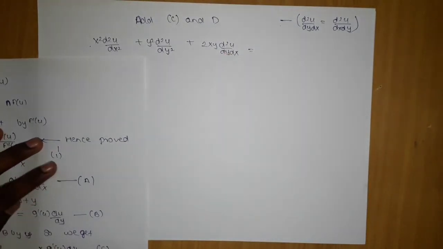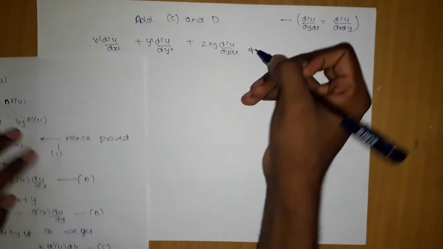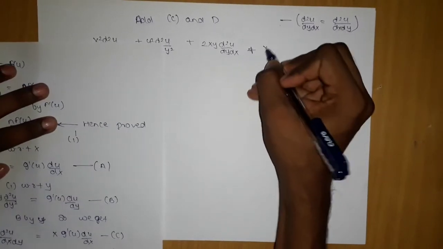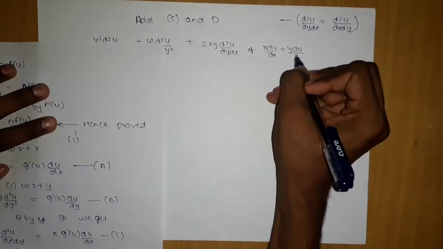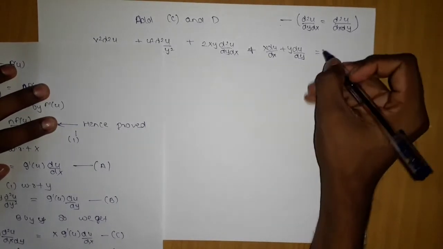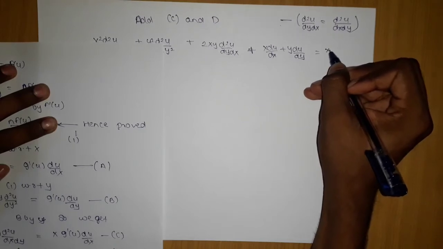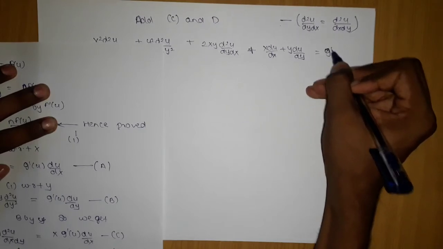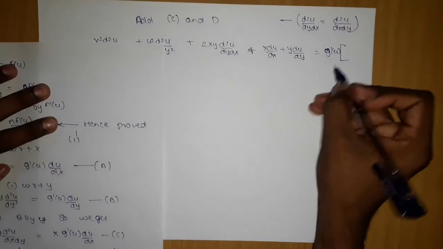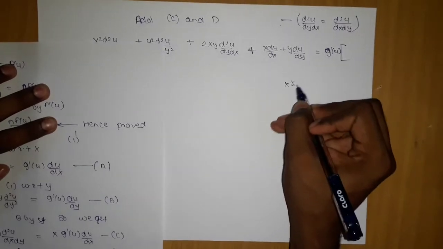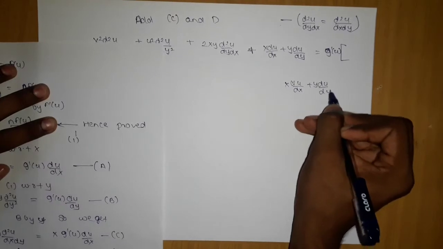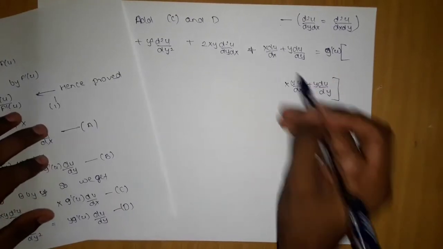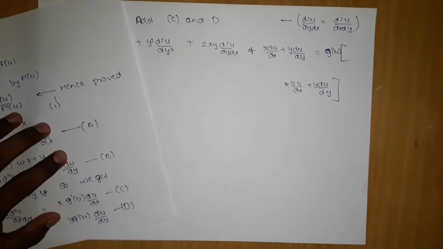Further, what we are going to get extra is x ∂u/∂x and y ∂u/∂y, equals to g'(u) outside, and I will be left with x ∂u/∂x and y ∂u/∂y. But wait, I know x ∂u/∂x and y ∂u/∂y is n times u or n times h in this case.